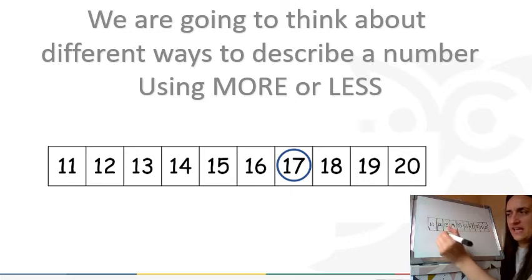Now, 17 is one more than a number. How am I going to work out what 17 is one more than?